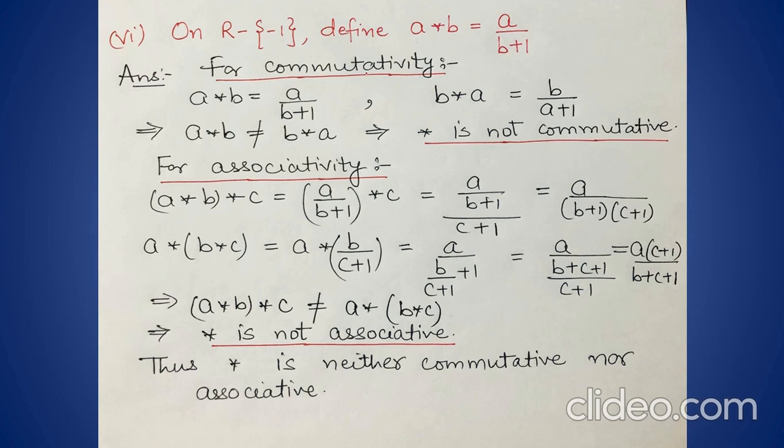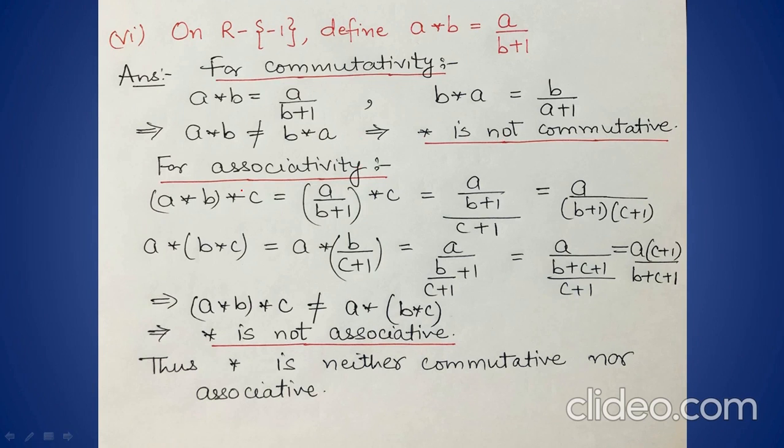Now checking for commutativity, a star b की वैल्यू है a upon b plus 1 और b star a की वैल्यू क्या हो जाएगी, a की जगह हम b रखेंगे, b की जगह a, तो it becomes b upon a plus 1. So we can say a star b not equal to b star a. So this implies star is not commutative.